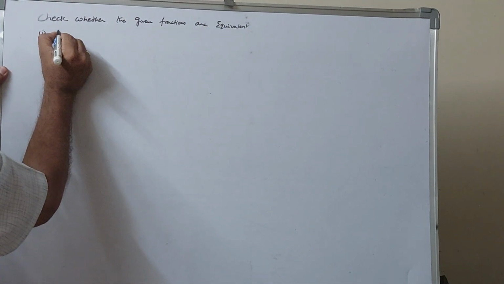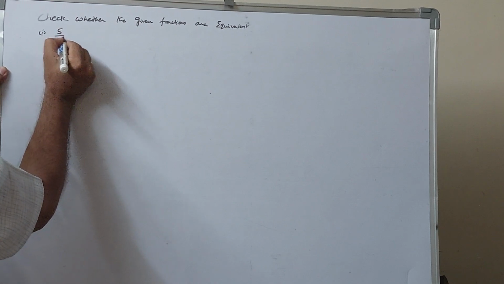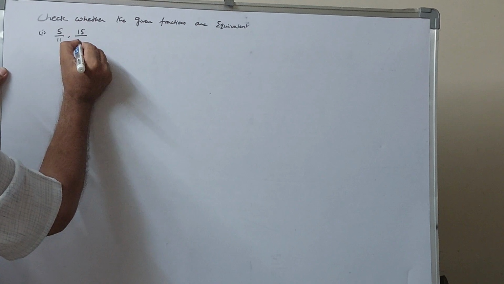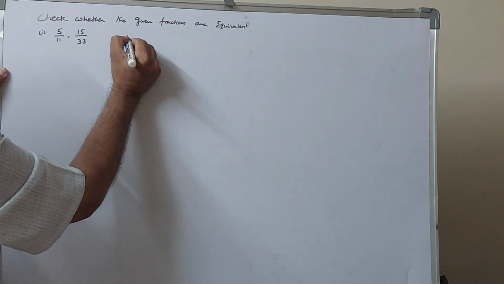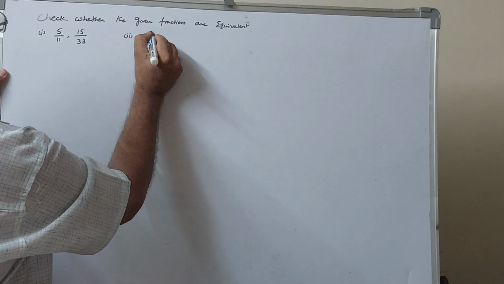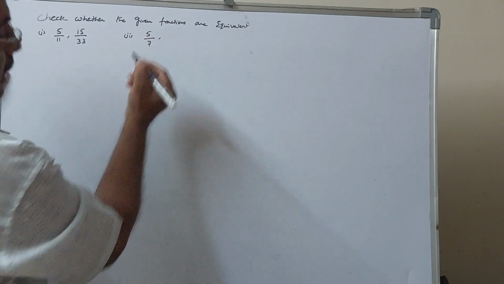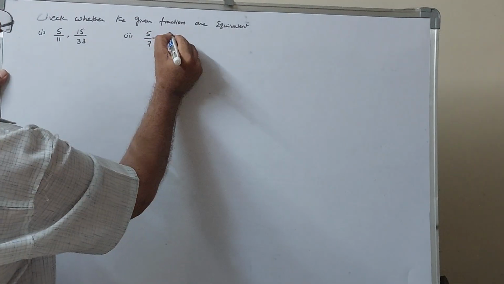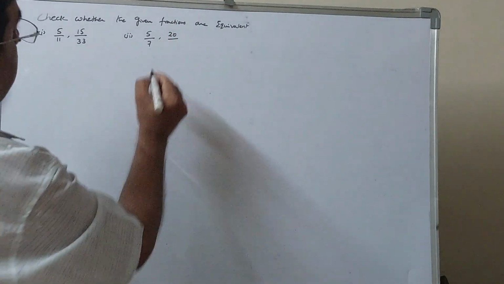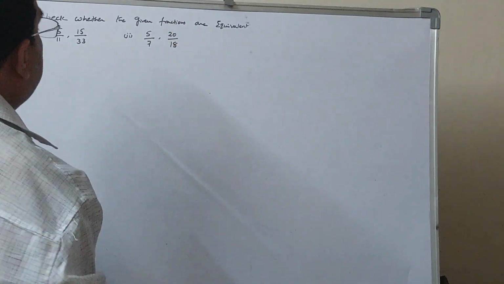First one is 5 by 11 and 15 by 33. Second question is 5 by 7 and 20 by 18. See here.